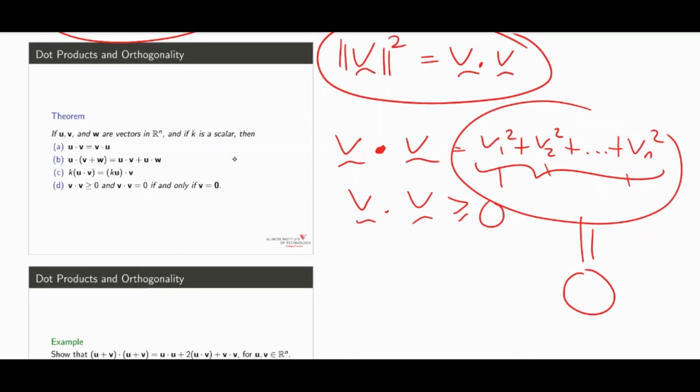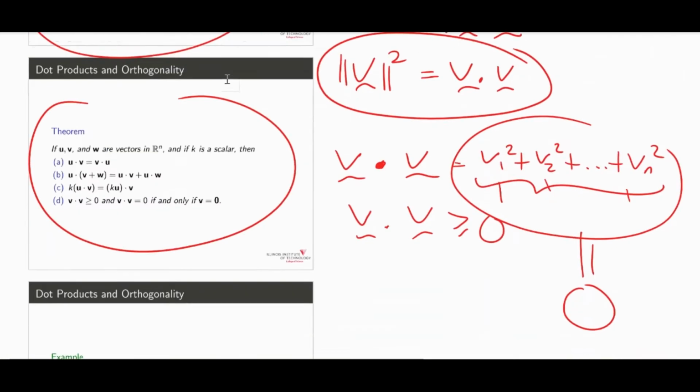This is one of the properties of dot products. It's called the positivity property, which means the dot product v dot v can never be negative, and it can be 0, and there's only one way it can be 0, that is when the vector itself is 0. All right, now let's move on.